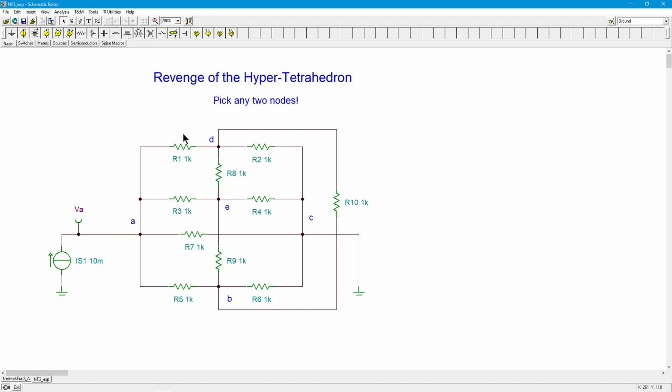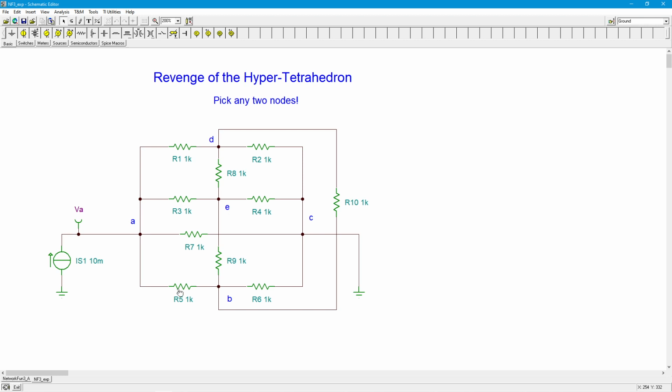Those currents are going to wind up being the same because you have the same situation going on back to ground. You've got the first resistor, then a node, which is going off through these resistors to these other nodes, and then another 1K, which brings you back to ground, which is where you're trying to go. Well, if these things are symmetrical, then the currents through R1, R3, and R5 would have to be the same.